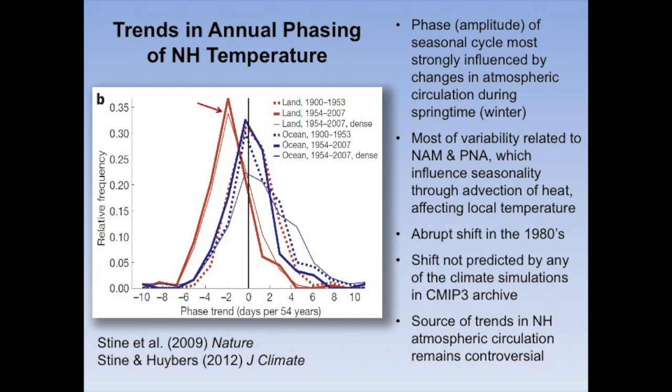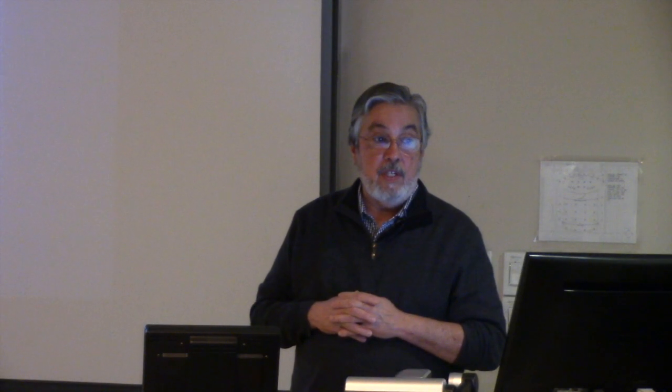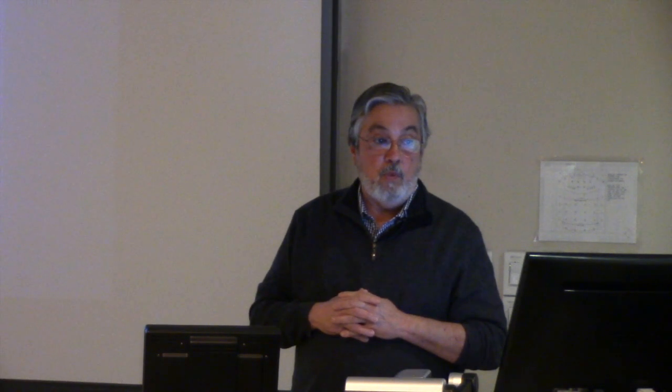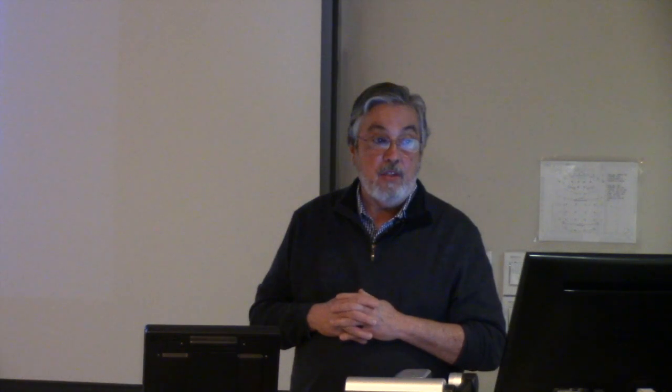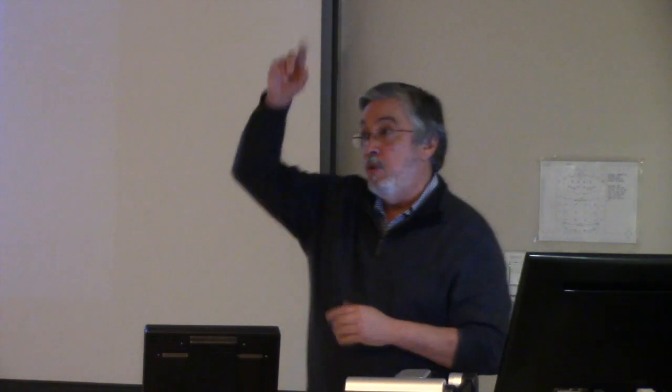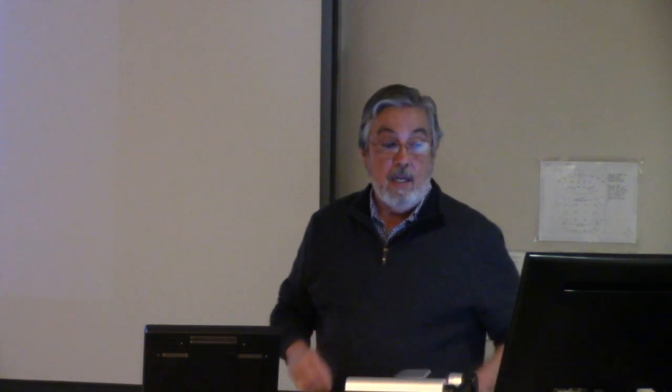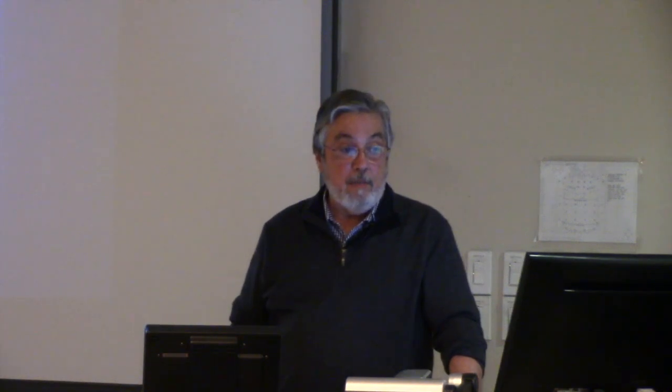So the phasing of the seasonal cycle is really influenced by changes in atmospheric circulation during springtime. The amplitude, how high that curve is, is actually affected by winter temperatures.